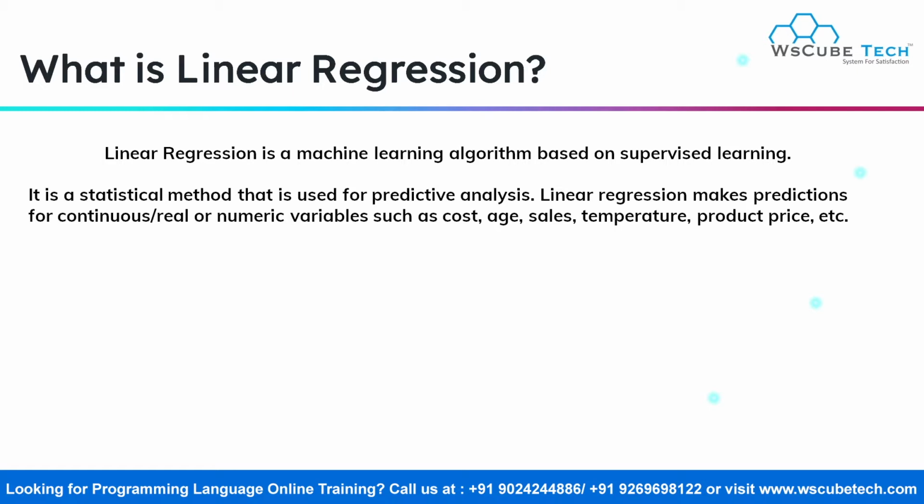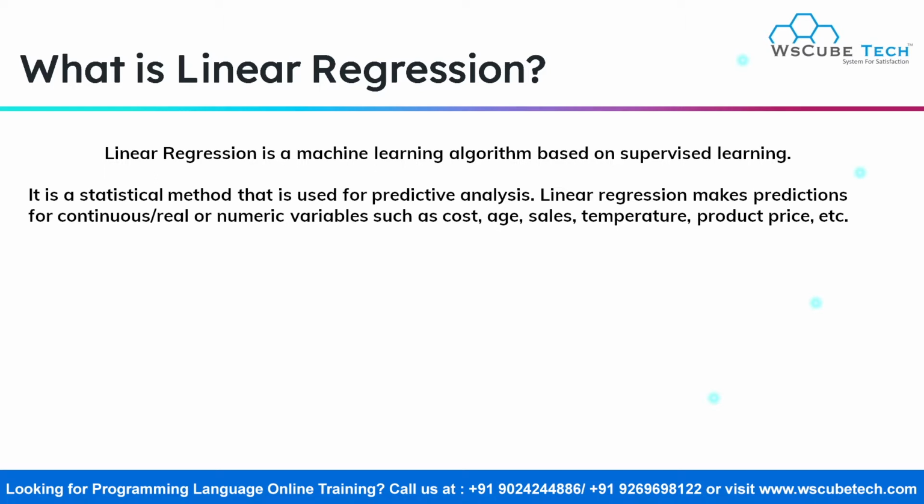What I mean by continuous in nature is that if you want to predict values, those values would be numeric variables. Say, for example, you want to predict cost, age, sale, salary, temperature, or the product price.